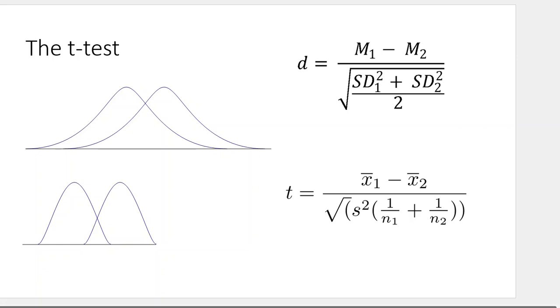So up top we have groups where there is a mean difference between the groups, but the variance is high. There's a lot of overlap between the groups. And down below, we see that the difference in the means is bigger and the standard deviation is tighter.